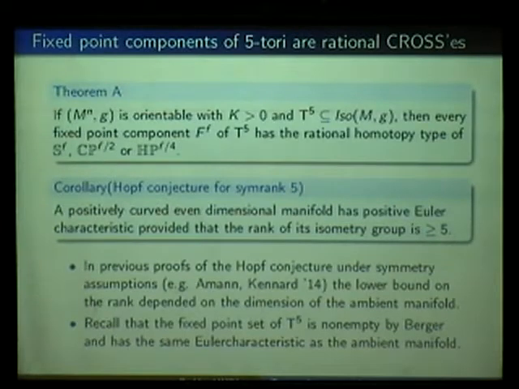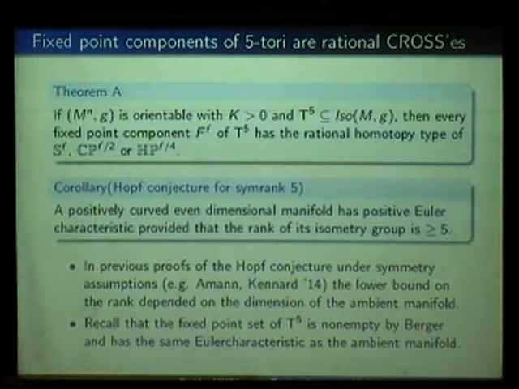So the main results are related to low-dimensional torus actions. So the first theorem says that if you have a T^5 action on a positively curved manifold, and it's effective and isometric, then every fixed point component has the rational homotopy type of a rank 1 symmetric space, right? And, okay, in odd dimensions, there's a small lie involved, because it could be that the fixed point component is not simply connected, but then you just pass to the universal cover, right?